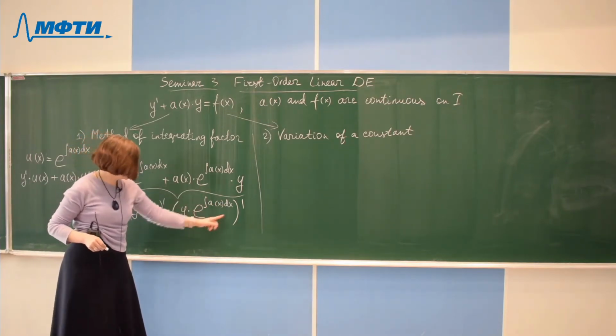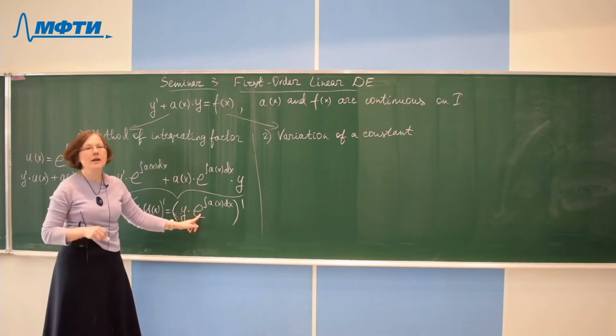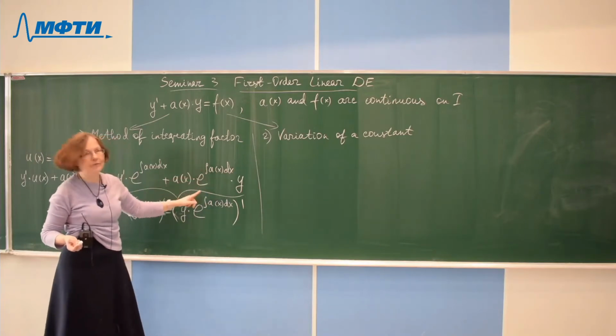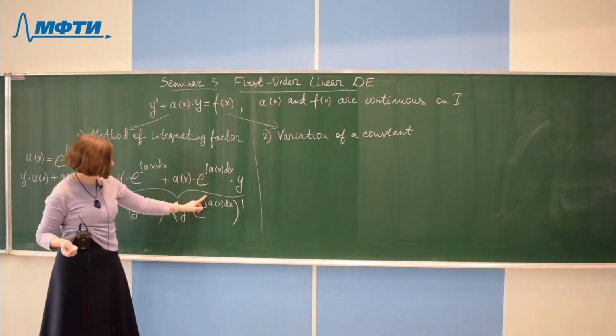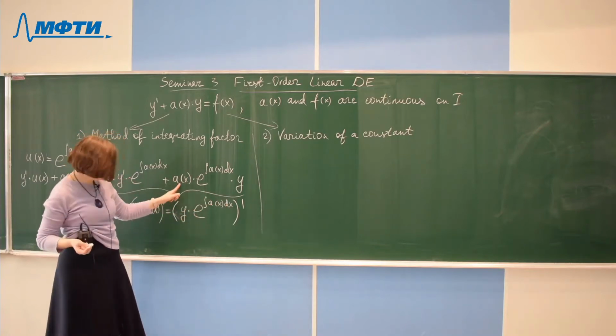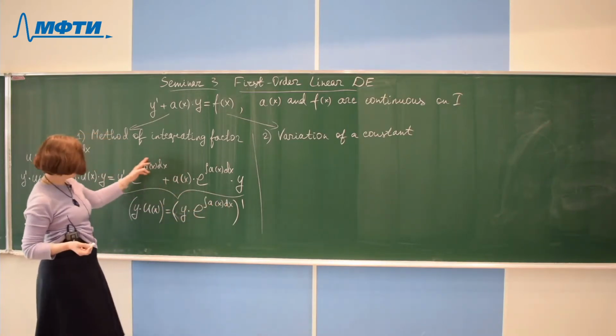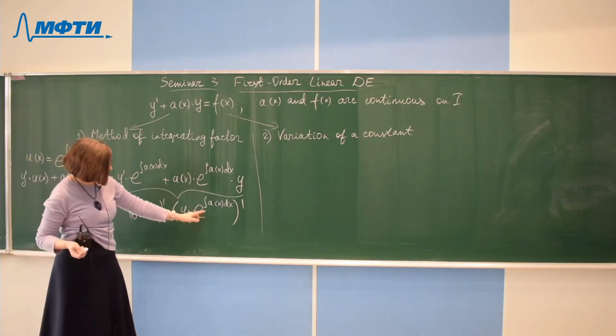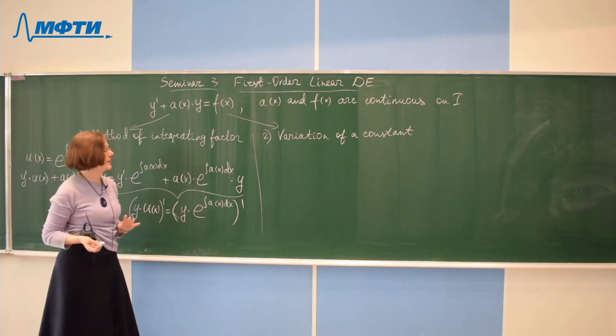How to differentiate this? It is a composite function. If we differentiate e, we get the same function, and we should multiply by the derivative of the exponent. It is a of x. So we can see that this is the derivative of y times this integrating factor.